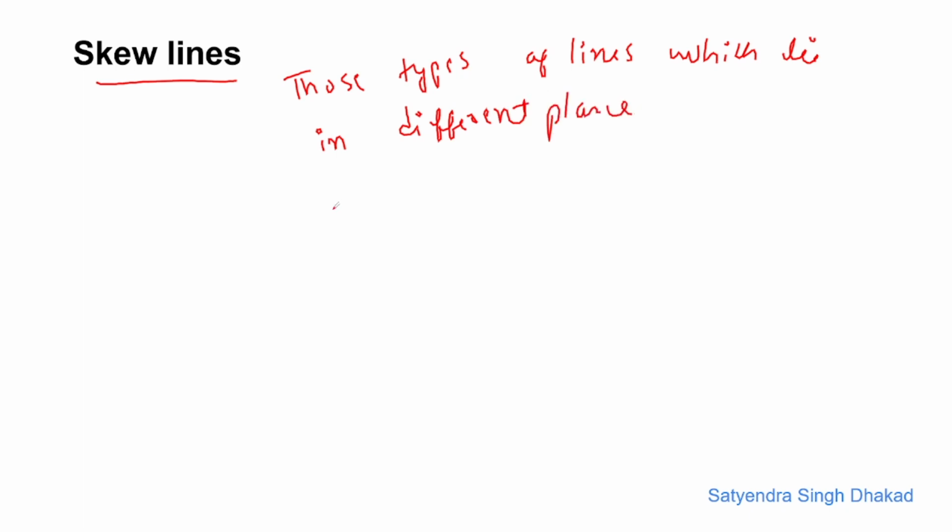For example, there is one line which lies in the y-x plane and there is another line which lies in the z-x plane. Now no matter how much you extend them, they will never intersect each other.